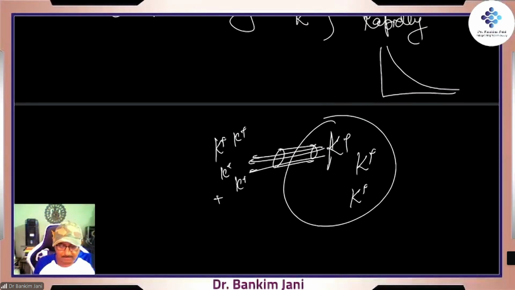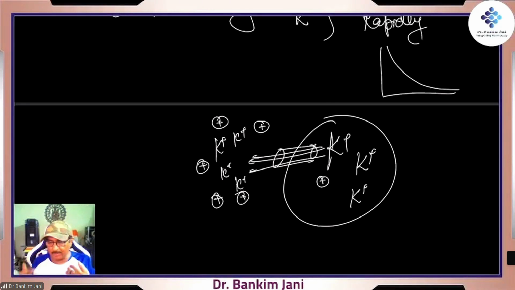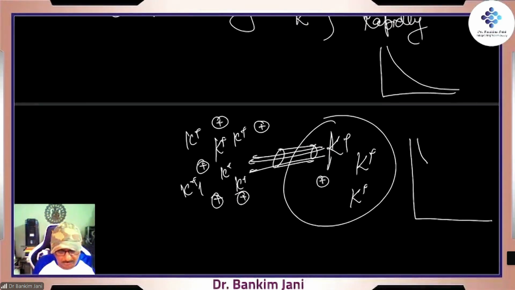These are positive ions, so they will start pushing the others back. As the positive ions outside increase, it generates resistance against those coming out. That's the reason that the initial speed at which the potassium ions came out gradually slows down as more and more ions are outside.